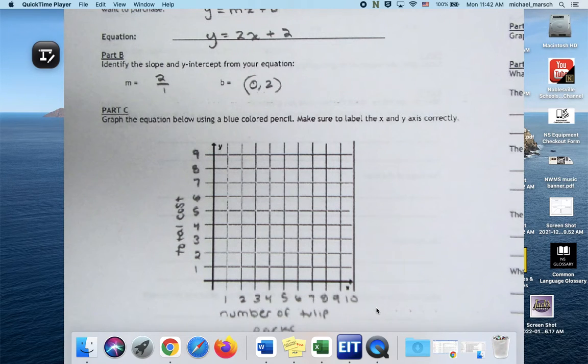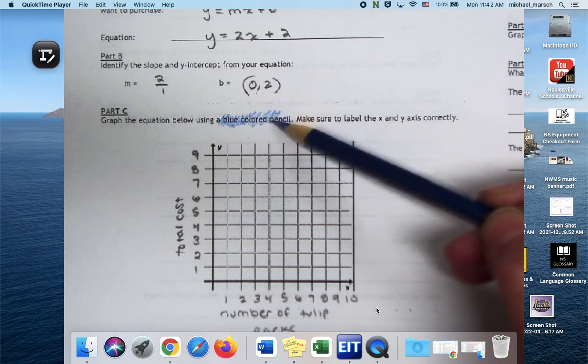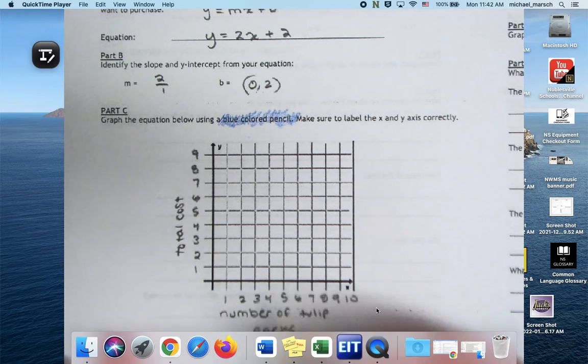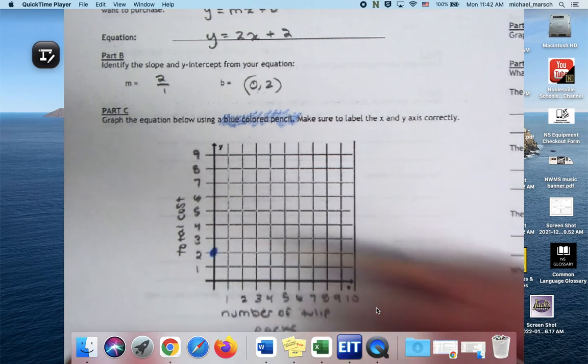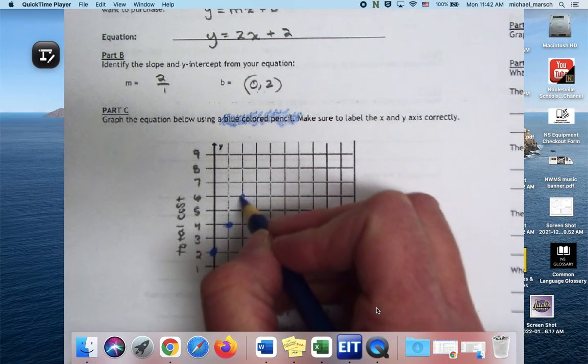Then we're going to take our blue colored pencil and we're going to graph this line, which I know the majority of you can do because this was the best part of the quiz last week, was taking the slope-intercept form and graphing it. So my y-intercept is (0, 2). I'm going to go up 2 over 1. Rise 2, run 1.